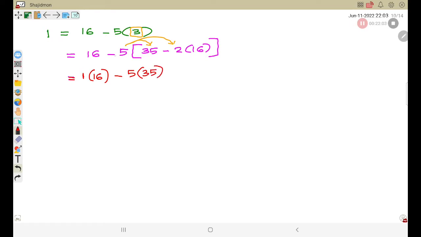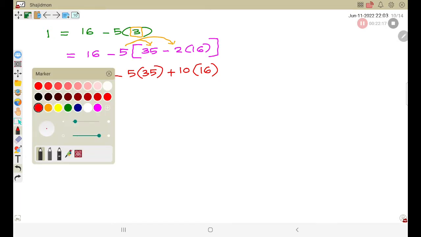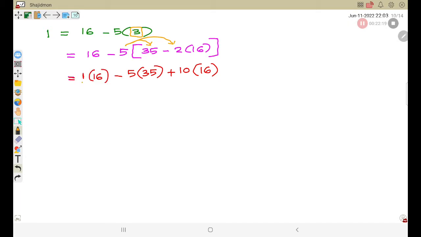Now minus multiply minus becomes plus, 5 multiply 2 is 10, so 10 multiply 16. For the outside number we only multiply, and the number inside the bracket we keep the same. Now here is 1 multiply 16, and here plus 10 multiply 16.